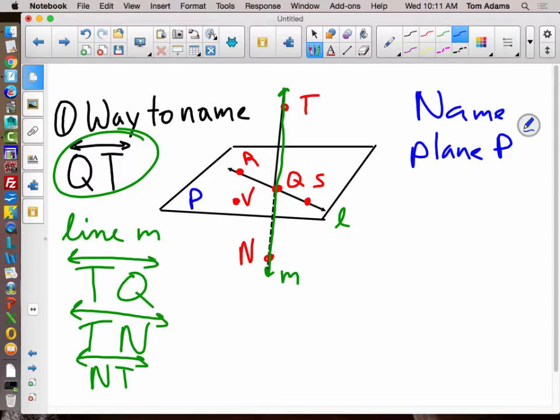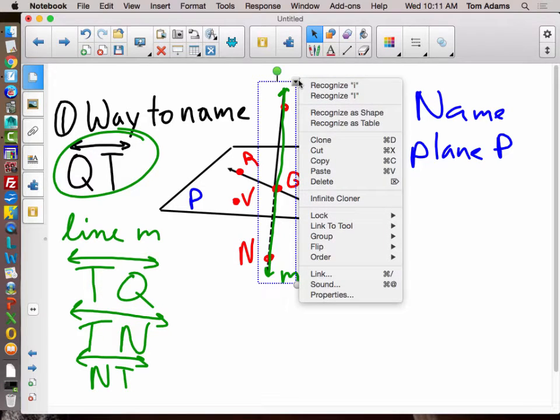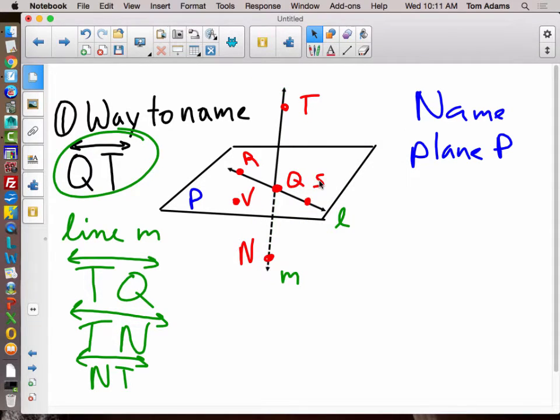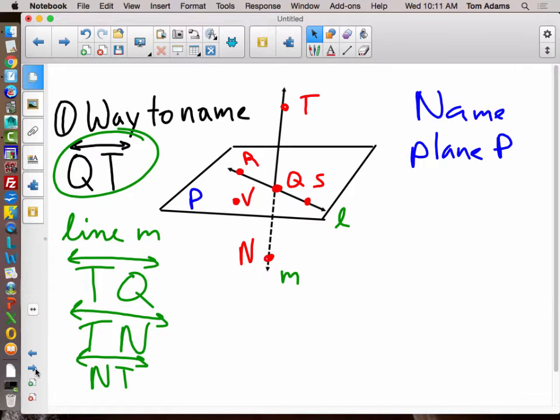Well, let's do some quick review. You could just name it P or 3 points on the plane, right? That's how you name a plane? All right, let's try it.